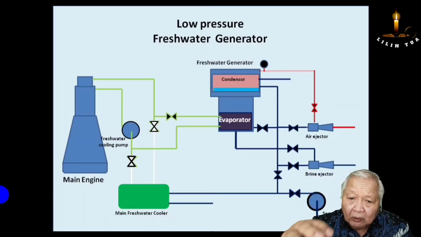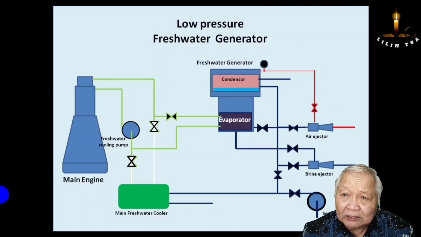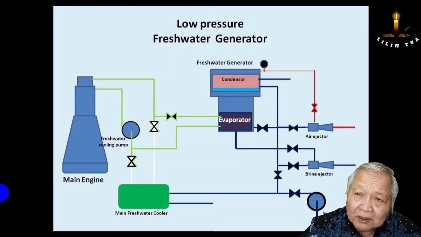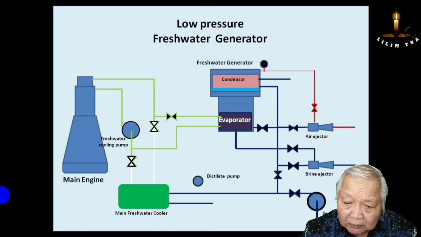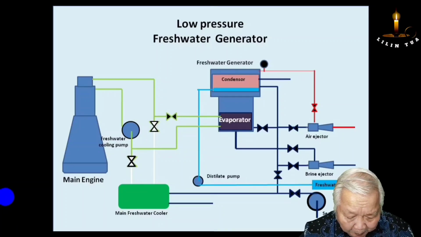But here, because the condenser and evaporator are located in the same place, the result is called distilled water. It is the same, just another name. Condensate water and distilled water are the same. So the pump is also called the distilled pump. And the rest is the same.